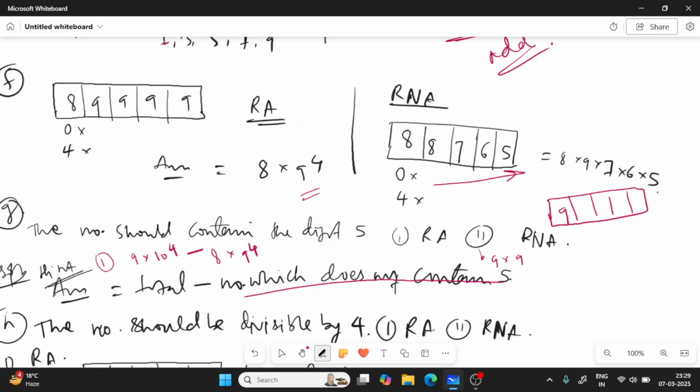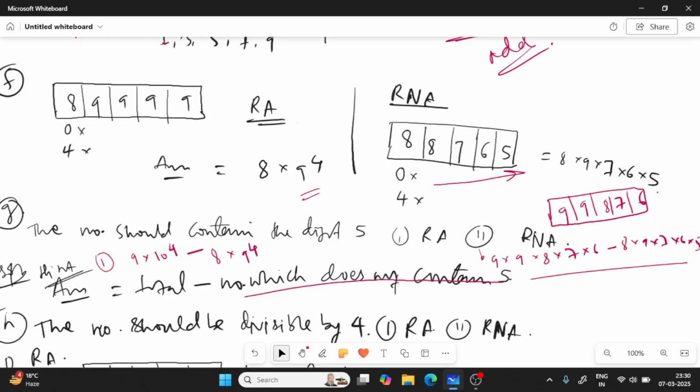Then you fill in 9 ways, again 9 ways, because 0 can be used here. The digit which has been used here cannot be used. So 9 into 9 into 8 into 7 into 6 minus this, which is 8 into 8 into 7 into 6 into 5. So this is our required answer.